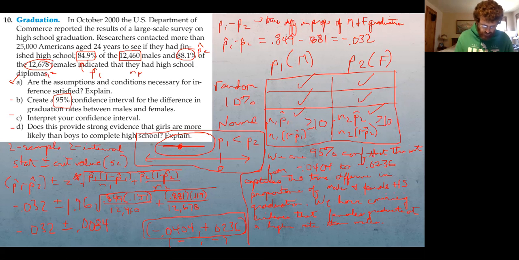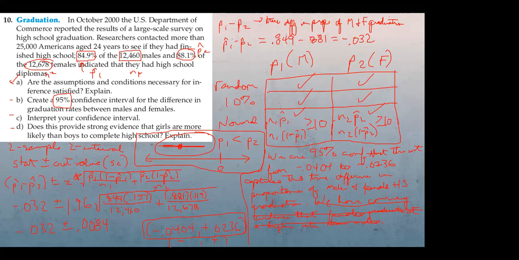So if this was a negative and a positive right here, then we'd have to scratch out this conclusion. Say, never mind. We would just say we do not have convincing evidence that males or females graduate more frequently. Oh, okay. Okay, I get it now. Okay.